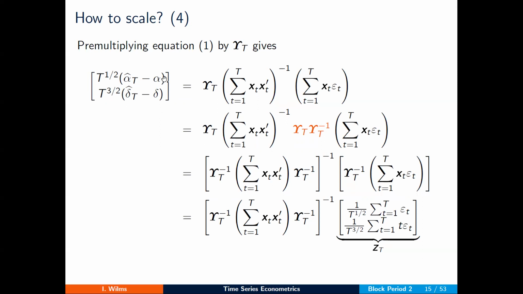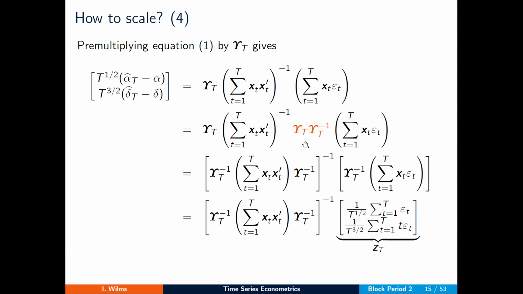Now, since I introduced the scaling on the left-hand side, I must also introduce it on the right-hand side, which I do over here. On the next line, I introduce the product of the scaling matrix and its inverse here in the middle, which I can do since this gives me just the identity matrix.